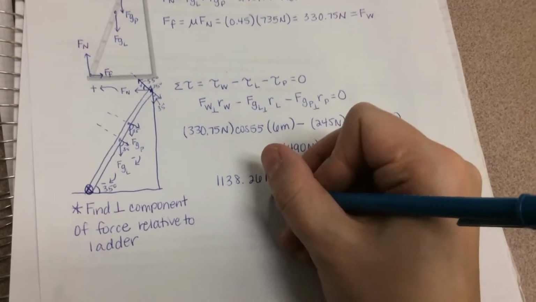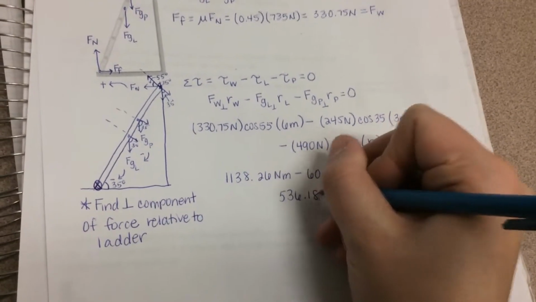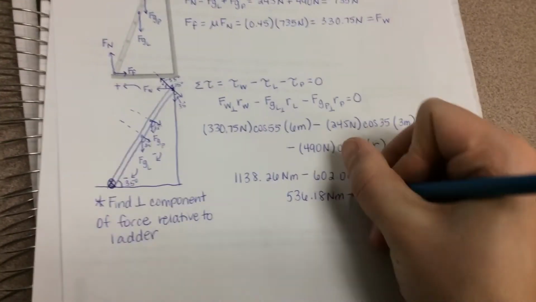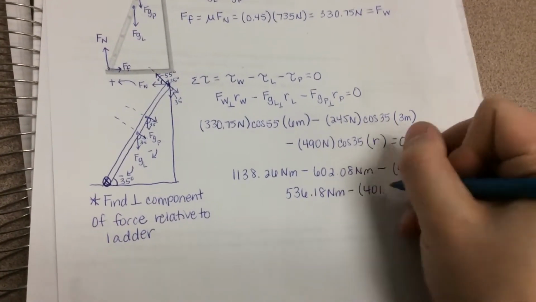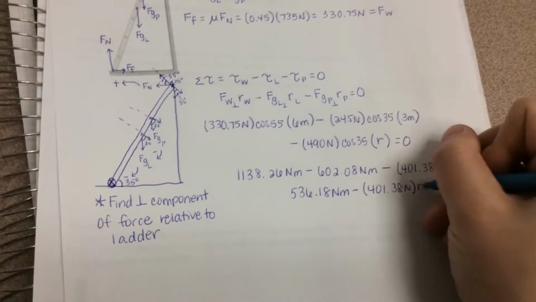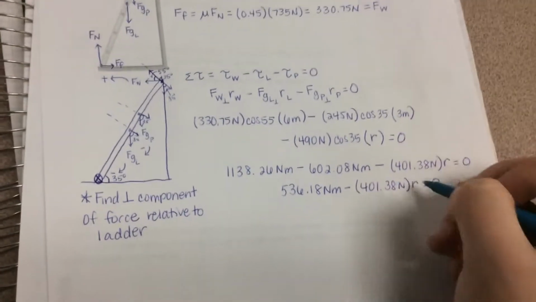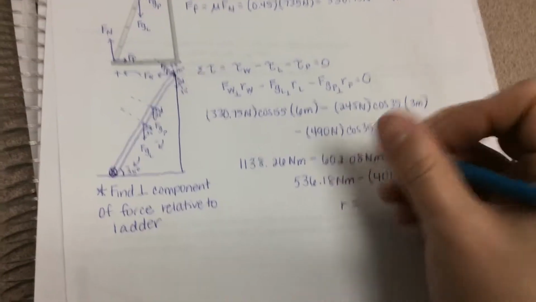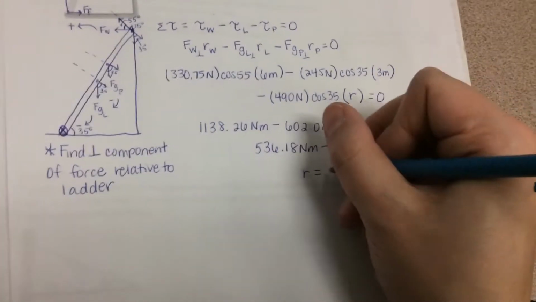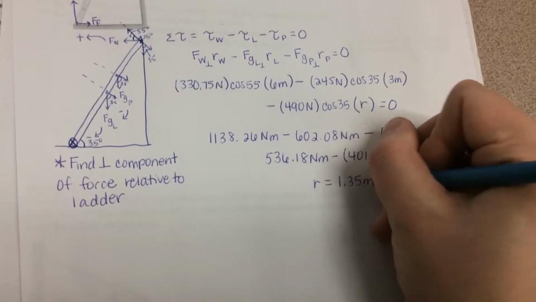These two subtracted, I get 536.18 Newton meters minus 401.38 newtons times r equals 0. Then when I move that over and divide, I get that the distance the person can go up the ladder without it slipping is 1.35 meters.